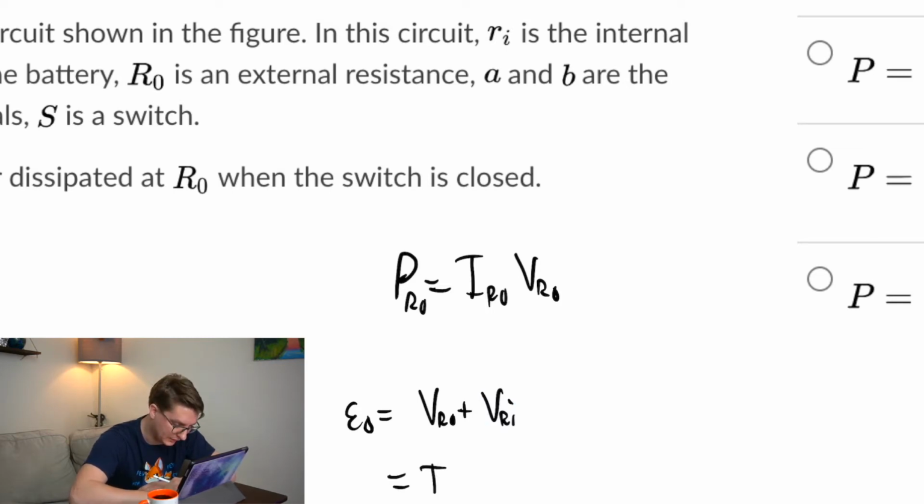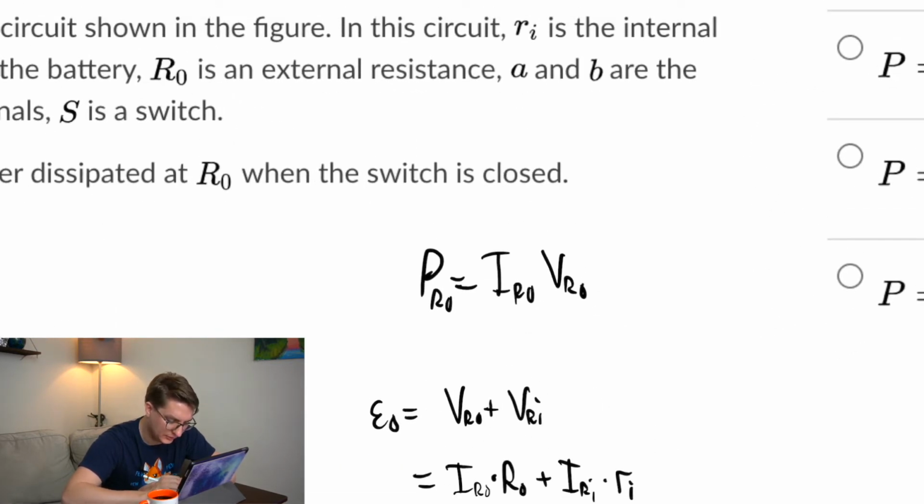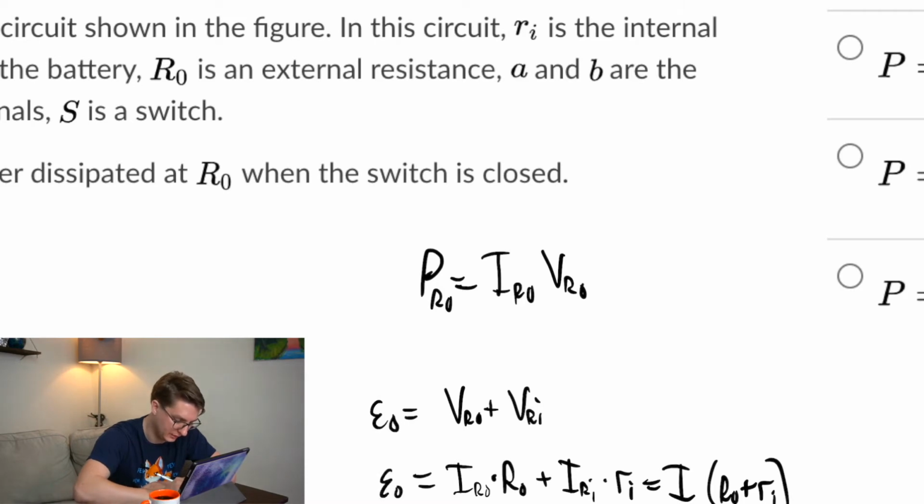So I get I R naught times R naught plus I Ri, plus, I think they used a little r, and I think I'm going to confuse myself. So the thing is, these are the same currents. So these are actually the same thing, so I'm just going to call them I. So we have I times R naught plus Ri. So that's what this E naught thing is.